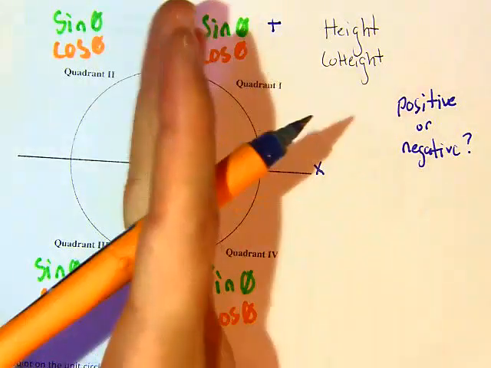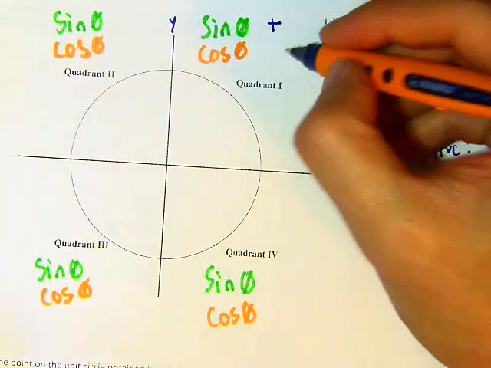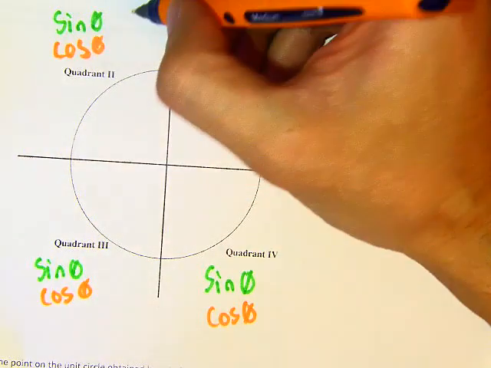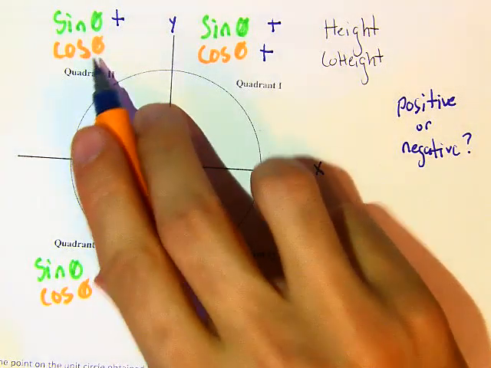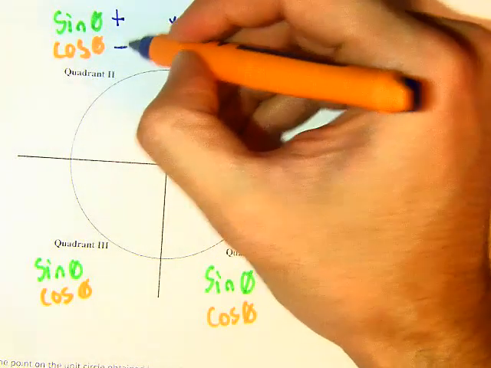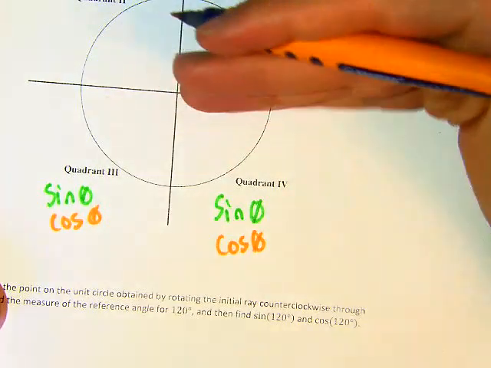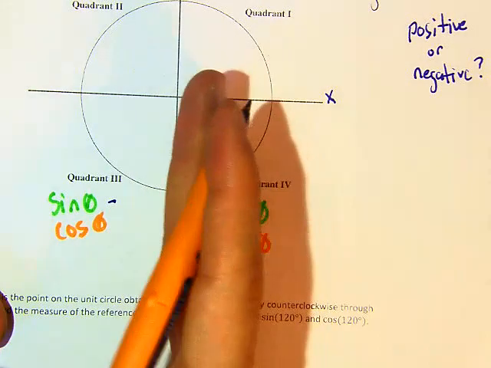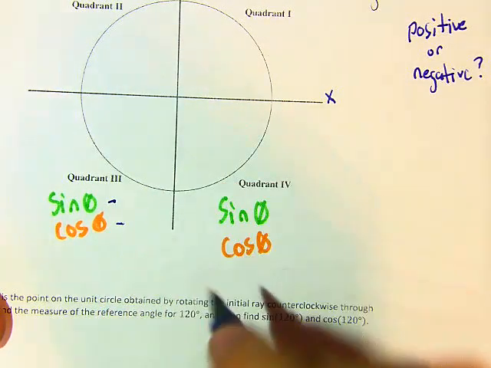What about cosine theta? Remember, everything to the right is positive. Sine of theta, we're above the x-axis, so this is positive. But cosine theta, you have to think of the x, everything to the left is negative. Here, everything below the x-axis is negative for height. And here you're still on the left side, so this is negative.